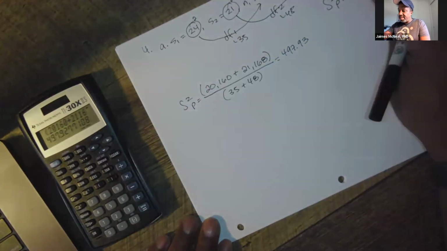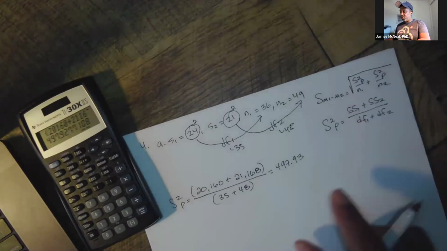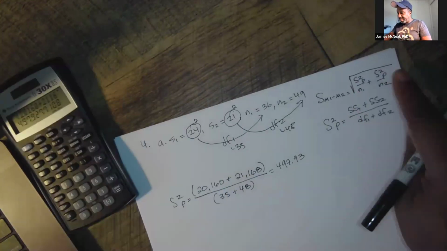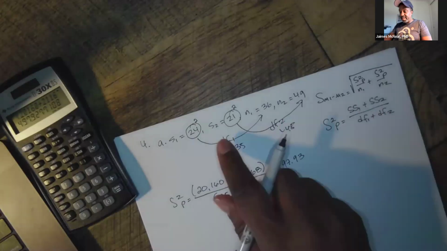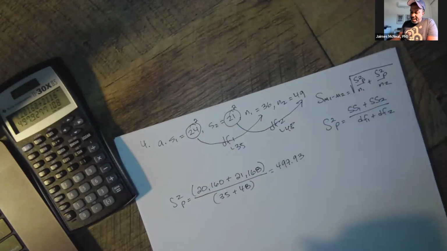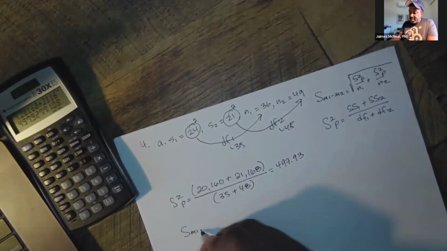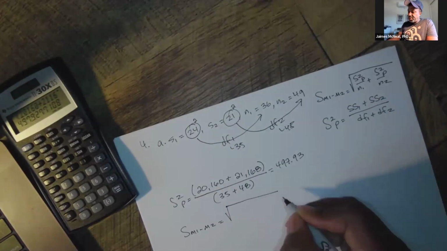We figured that out. Now we just have to plug in the pooled variance here and here, and plug in not the degrees of freedom, but actually the n size, 36 and 49, and plug that in here. And now that will give us the standard error of the difference between group 1 and group 2.